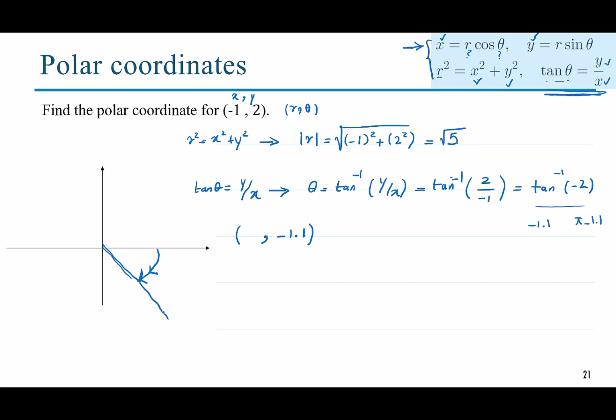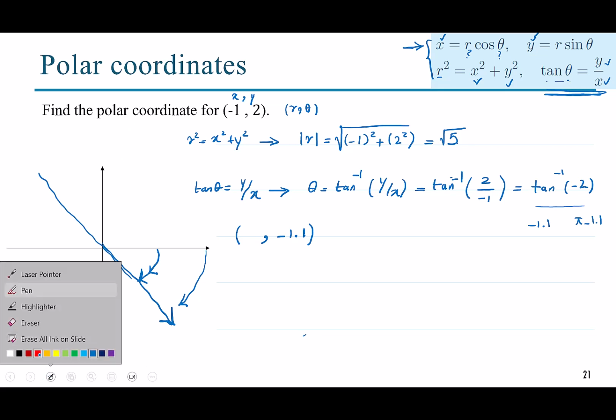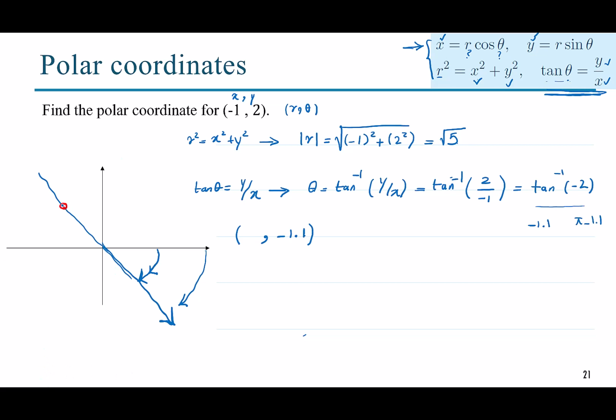This is going to be my ray, and this is the positive direction. Remember, I'm going this way. So if my angle is negative, now where is my point P? It's here. This is the origin. So my point is in the negative side of this ray. So r is going to be negative square root of 5.